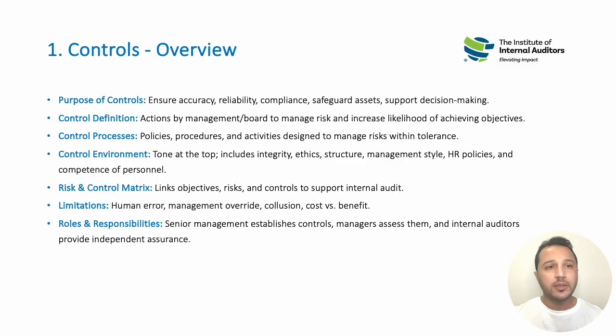It is important to understand, in the first section of Unit 8, the control overview, what the purpose of a control is. Basically, a control could be a system, a process, required action plan or guideline to be followed by management in order to ensure the accuracy or reliability of the data produced during different processes within the organization, in terms of the records generated or the information being shared.